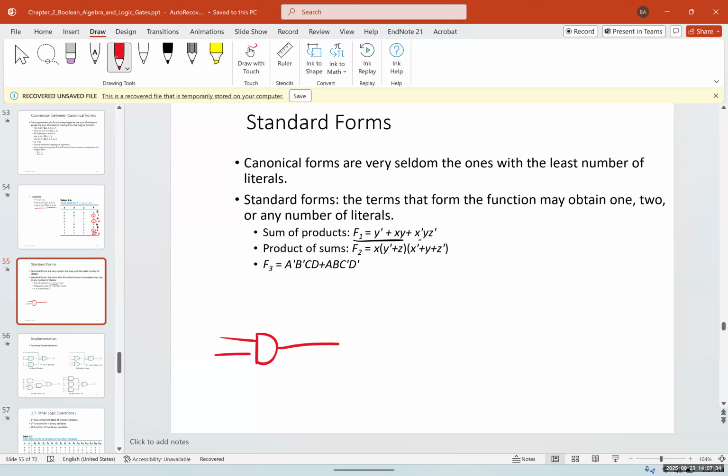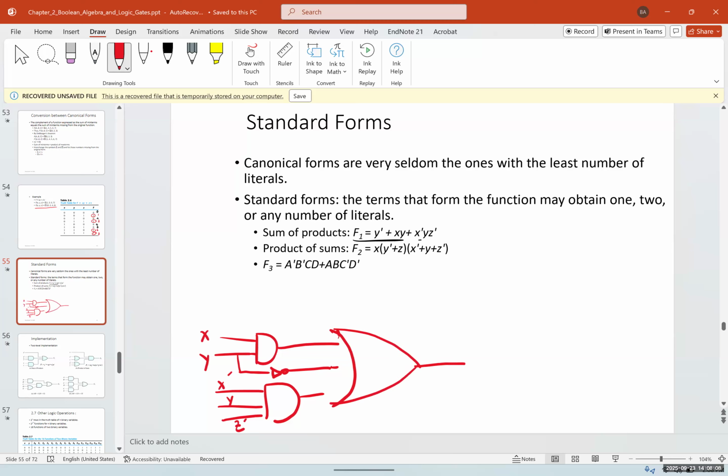We have X prime, Y, Z prime, AND together. This is X, this is Y, this is X prime, Y, and Z prime. And we have Y prime as well, so I could connect this to a NOT gate. And all of these are ORed together, so a big OR at the end.